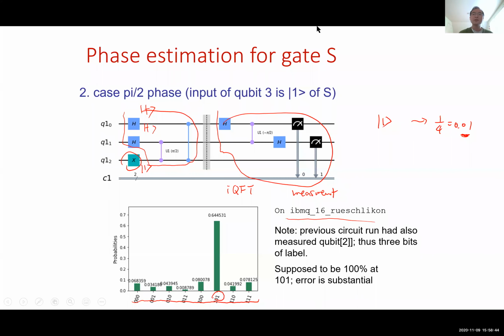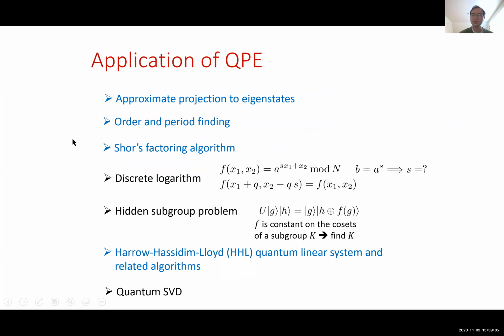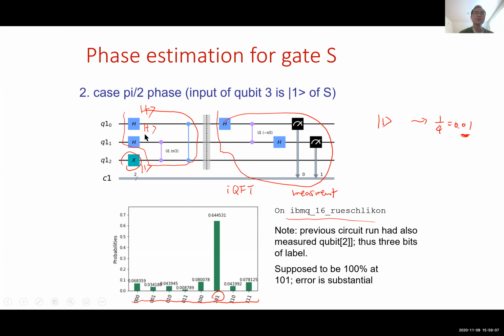So maybe I can go to the notebook. Can I have a look at the previous slide about phase estimation? There are some U squared. This is control U, and this is control U squared. Yeah, so I already simplified that.